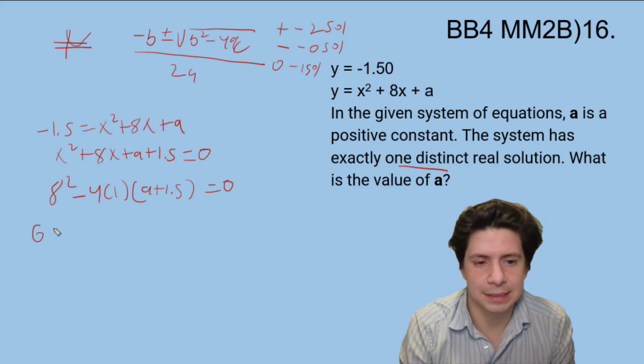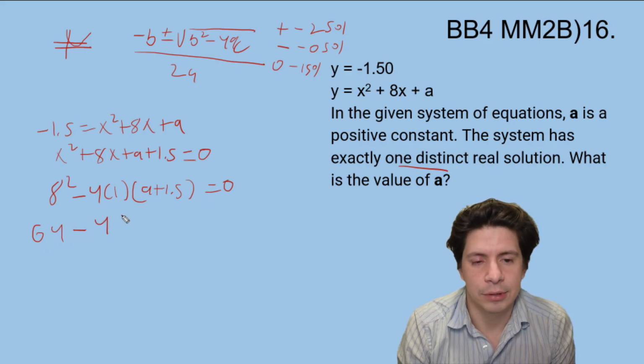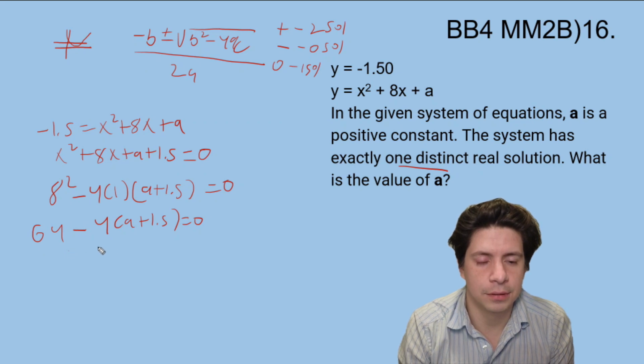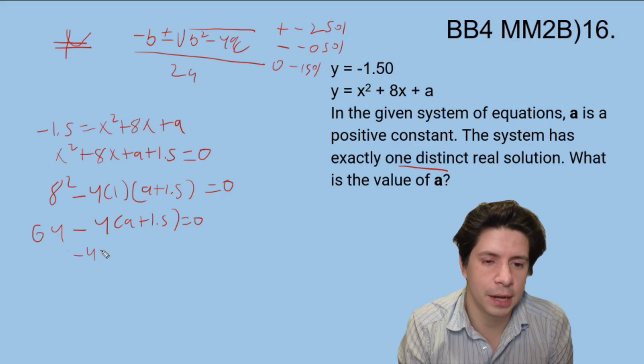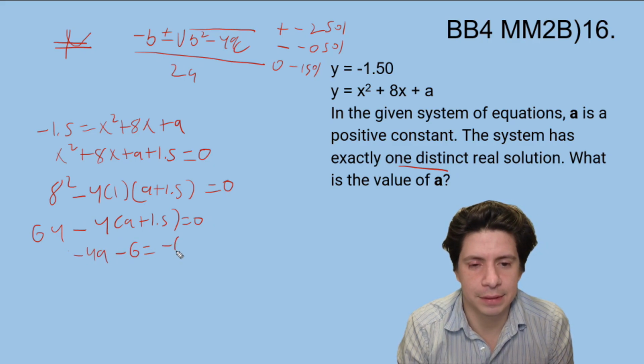And we're going to get 64 minus 4 times 1 is 4. And then we're going to do a plus 1.5 equals 0. So then we're going to get 64. Let's subtract 64, and we're going to distribute the negative 4. So we get negative 4a minus 6 equals negative 64.